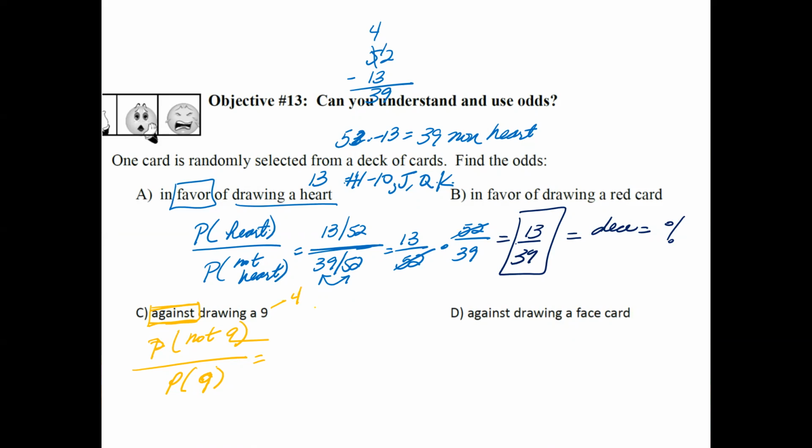There are 4 9s. So 52 minus 4 is going to give you 48. So that's 48 over 52. Now getting a 9 is just 4 over 52. Rewrite this, you get 48 divided by 52 times 52 over 4, cross out the 52, and you get 48 over 4. So your answer here is just 12.